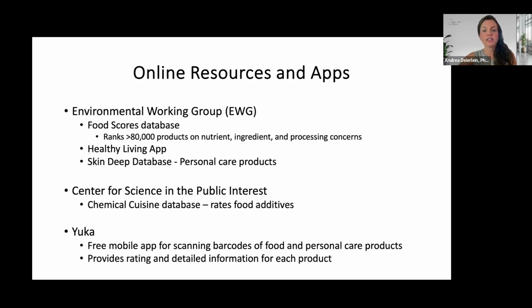However, I don't want people feeling like they shouldn't eat nuts because it has a yellow score on the Yuka app due to its calorie content. So be mindful of all of these different types of apps, use the information to make your decisions, but not rely totally on them for making all of your decisions.